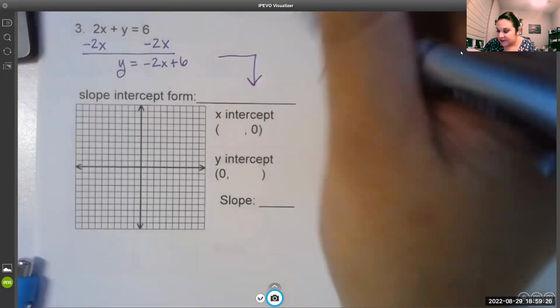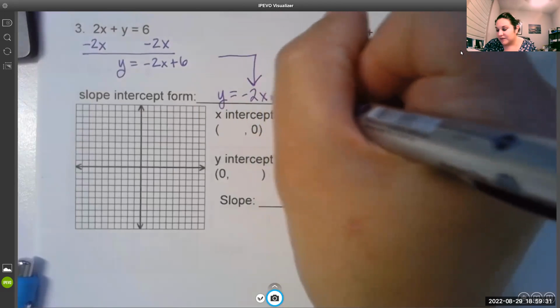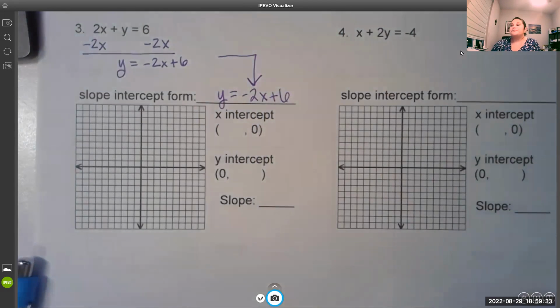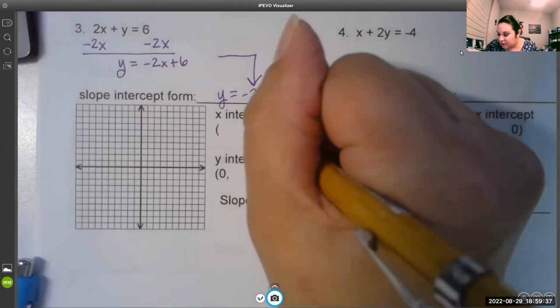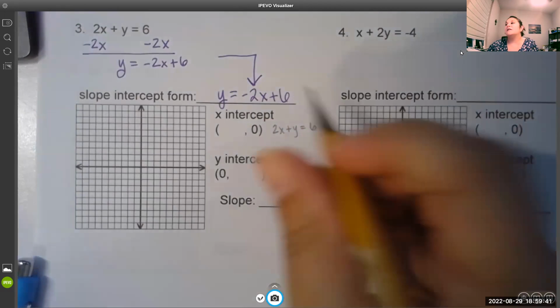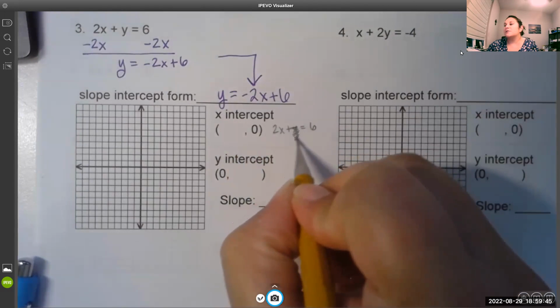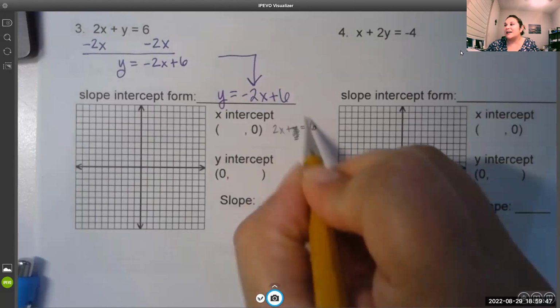In this case, because the y didn't have a number in front of it, I already have the slope-intercept form. You can also solve for the x-intercept in this form, but for me it's easier to just scribble this out and then divide.